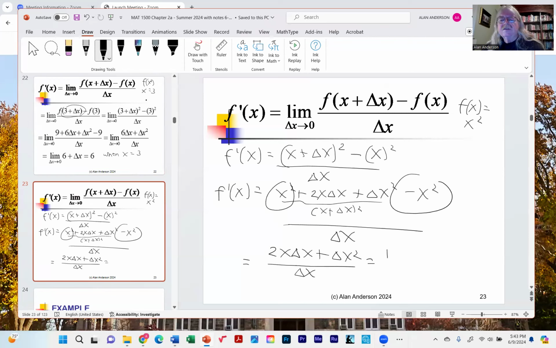So what we're actually going to do here is take the limit. I just realized I left out the word limit here. Okay, so now we can do just a little bit more algebra.